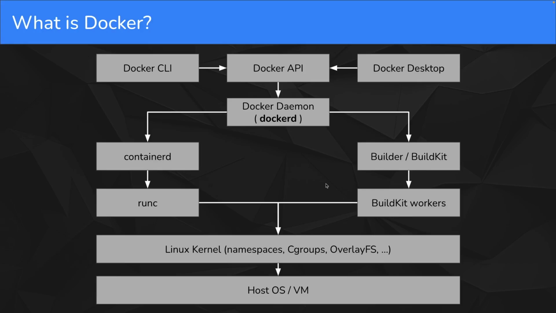Now, whenever you want to run a Docker image, so you want to use a Docker image to create a new container and run the container, whenever you type Docker run in the CLI tool, or you do it using Docker Desktop, you are using any of these two layers, both the CLI or Docker Desktop itself, to interact with the Docker API. In that case, the Docker API is talking with the Docker daemon, and in this case, we are going to containerd.